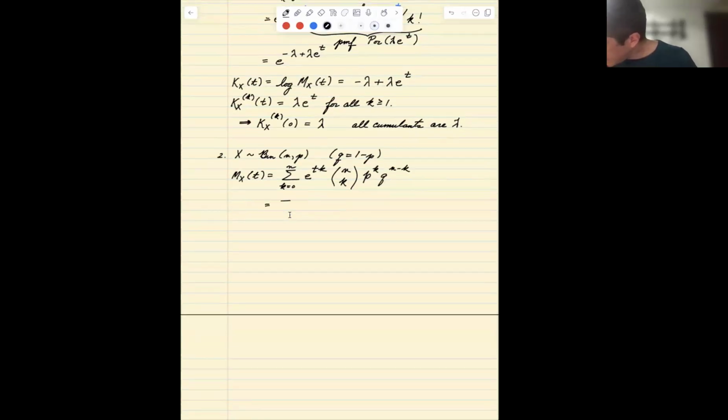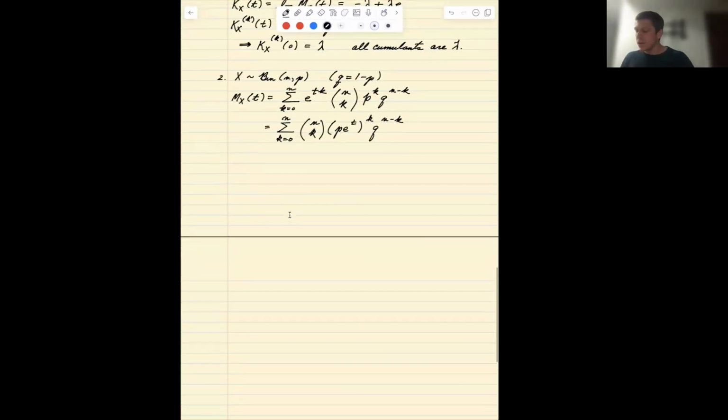The e to the tk can get absorbed in with p, and so we have n choose k, p e to the t to the k, q to the n minus k. But this is just the binomial formula, x plus y to the n, with x equal to p e to the t and y equal to q.